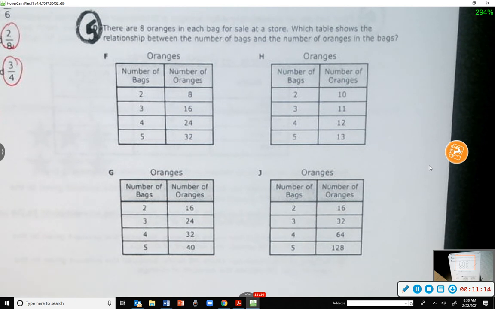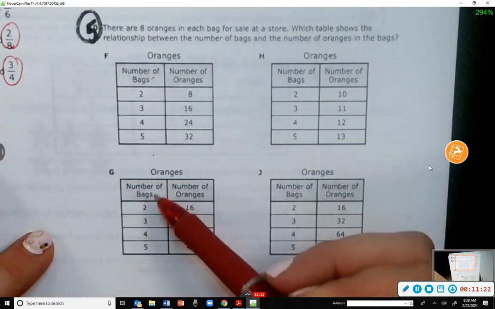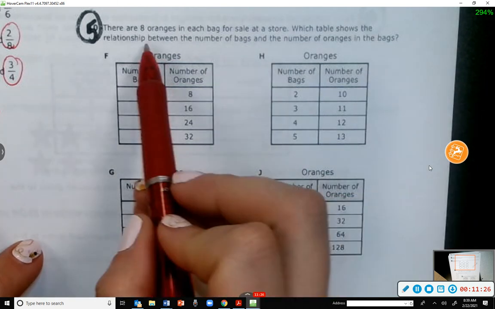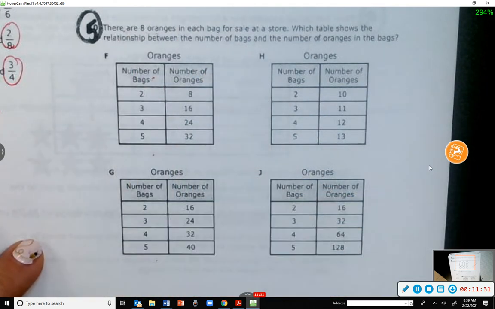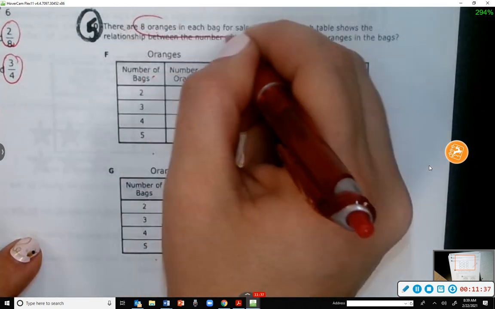That the 8 has to be first. Well, does the 8 represent oranges in each bag or the number of bags? 8 oranges in each bag.